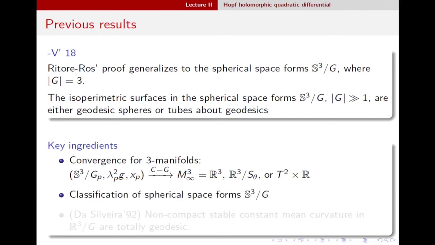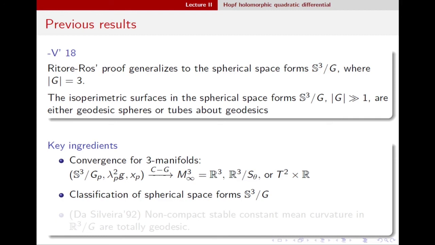Okay, and for that a key ingredient is the classification of spherical space forms, which has been available for a long time, and using that classification we were able to understand what kind of scaling was appropriate when studying this problem.